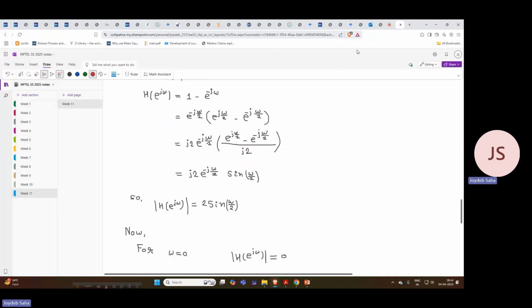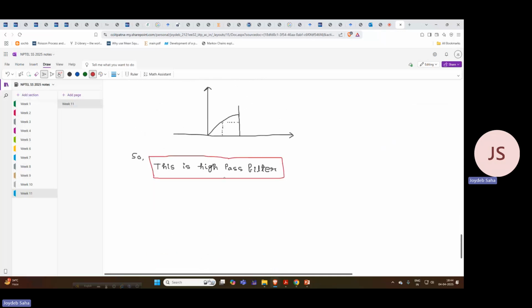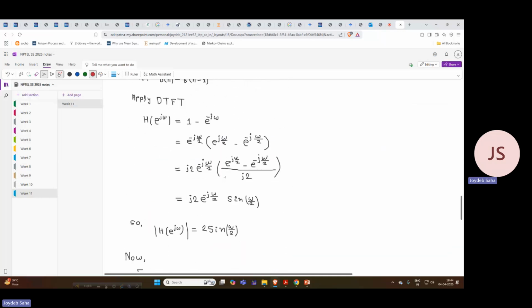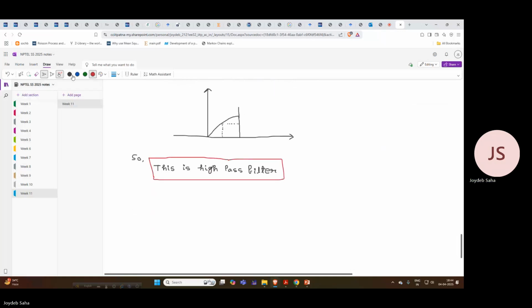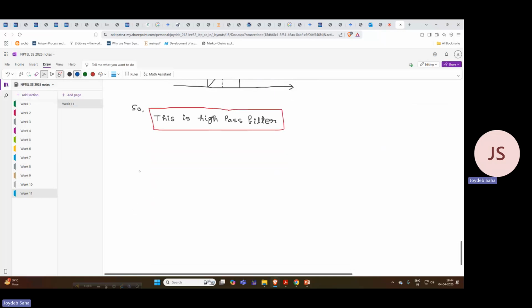Okay, so let us move to the next problem. This was question 3, right? Question 4.